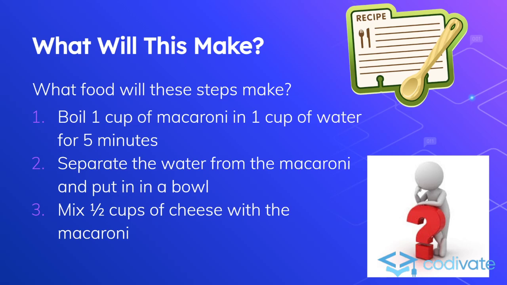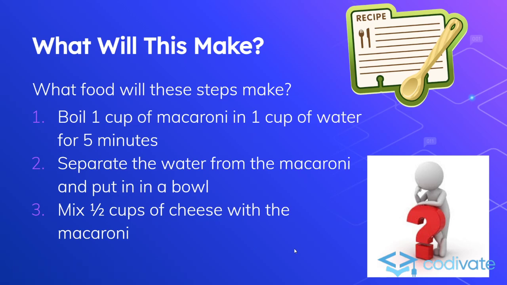It might not be obvious, it might also be obvious depending on what you paid attention to. The way you can think about this is there are some key words here. For example, macaroni, cheese, water, boiling.